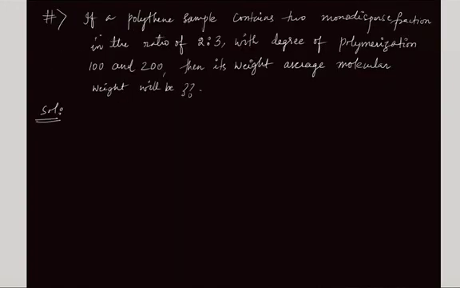Let me take a simple question here. It says if a polythene sample contains two monodisperse fractions in the ratio of 2 is to 3 with degree of polymerization being 100 and 200, then its weight average molar mass will be how much? So we need to calculate the weight average molar mass given the DOP of a polymer. For one kind of polymer in the sample the DOP is given as 100, which I can write as the average molecular mass of that sample divided by its monomer's molar mass.